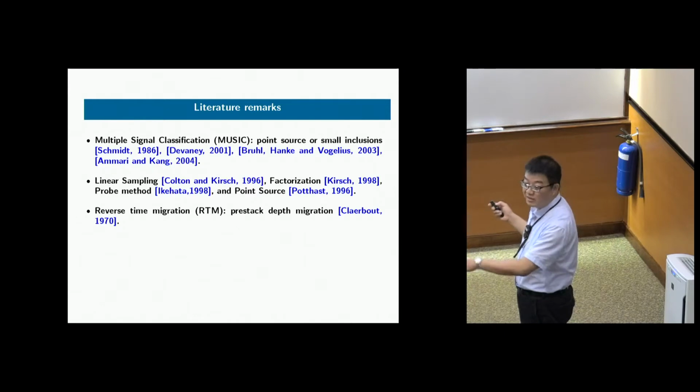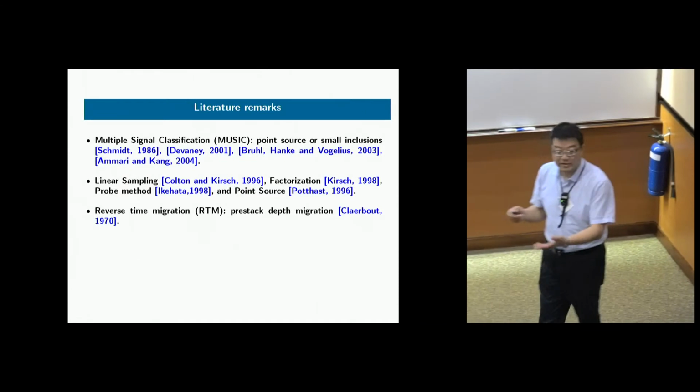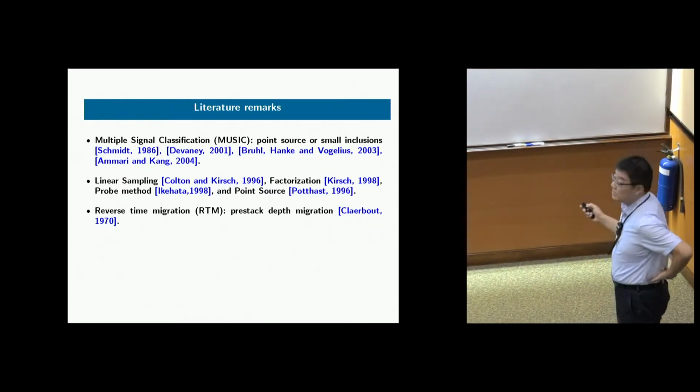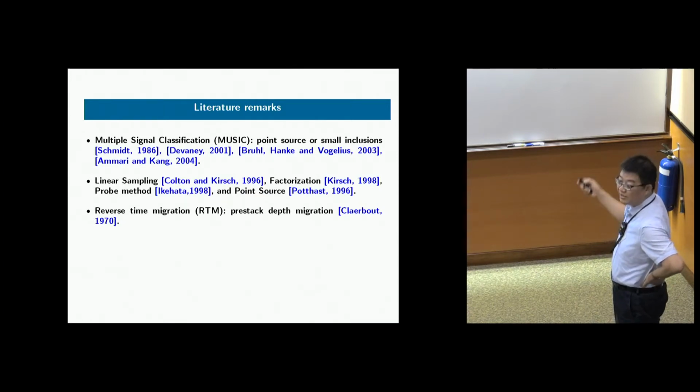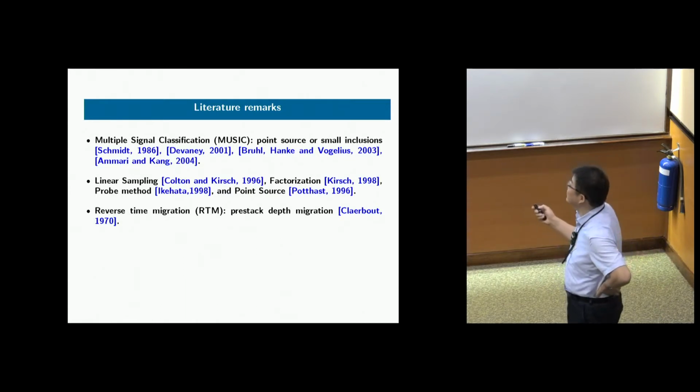There are theorems on MUSIC in the literature, but I am not that satisfied, because the conditions in the theorem cannot be checked a priori. These are the difficulties. There are still many interesting things about MUSIC, and we started trying to understand it, but it turns out that we moved to RTM.